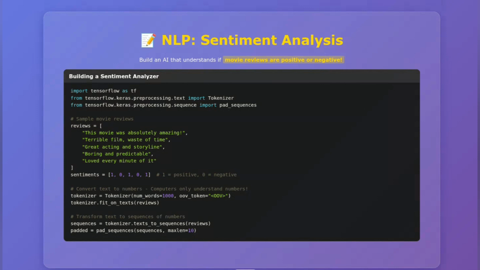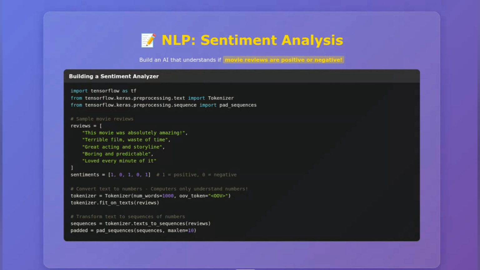Simple. Now, here's the challenge. Computers don't understand words, only numbers. So we need to convert text to numbers. Tokenizer does this magic. Num words equals 1,000 means we'll only keep track of the 1,000 most common words. OOV token equals underscore OOV, stands for out of vocabulary.